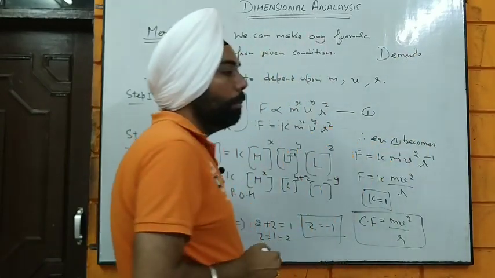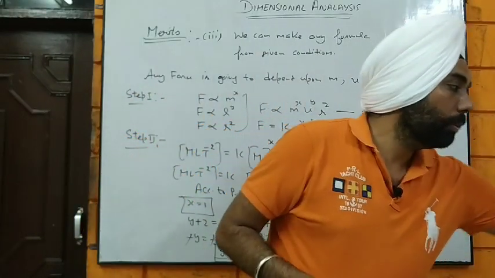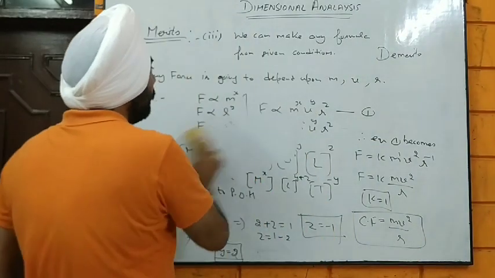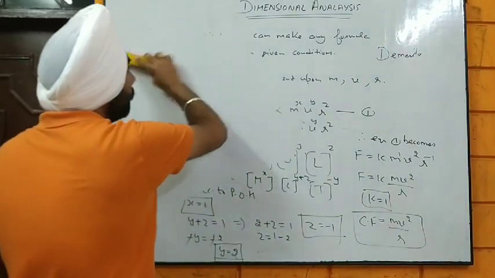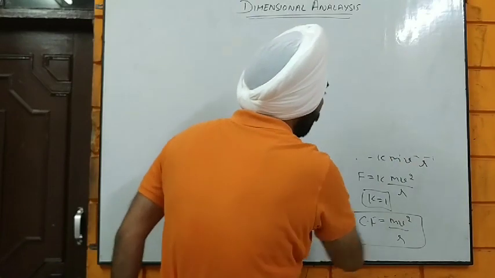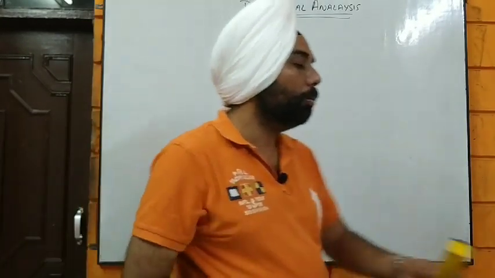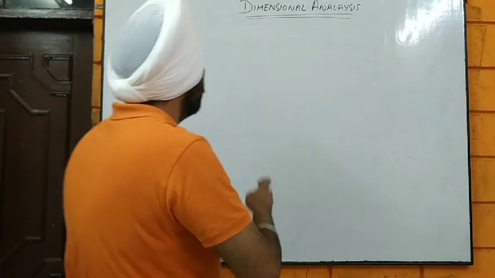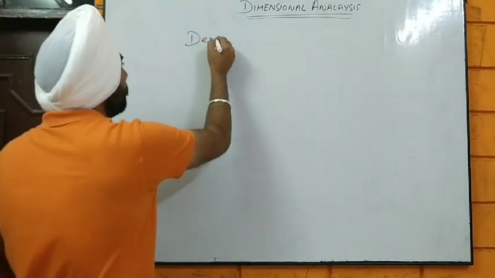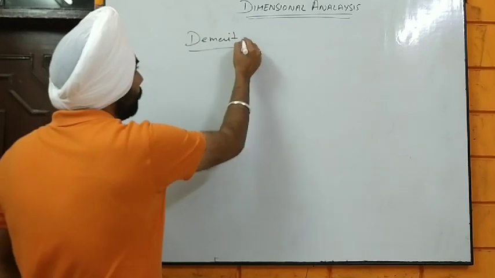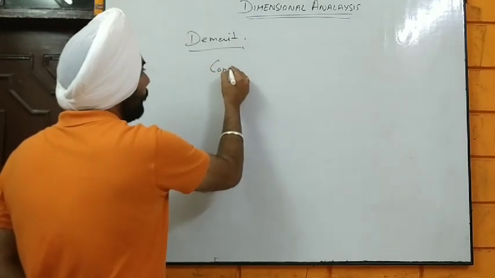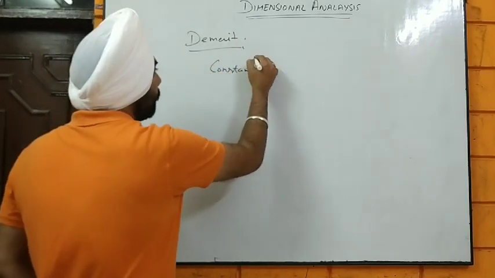Now what are the demerits of dimension analysis? It's very simple. The demerits of dimension analysis are: first, it is not considering any constant.